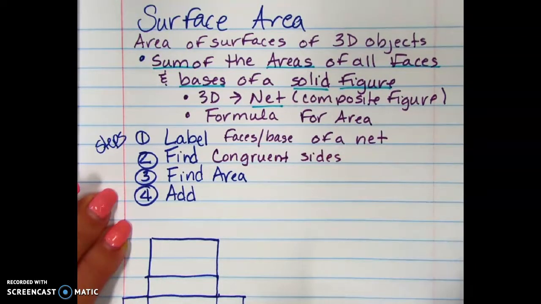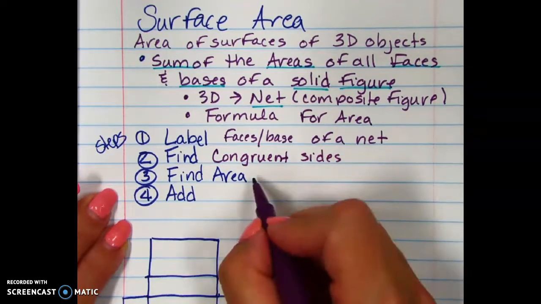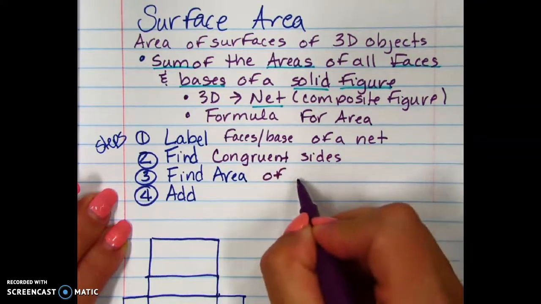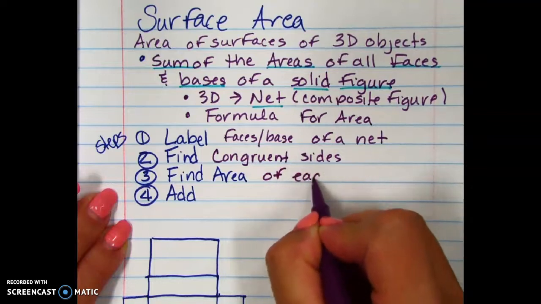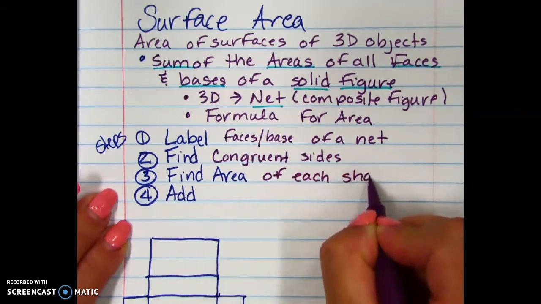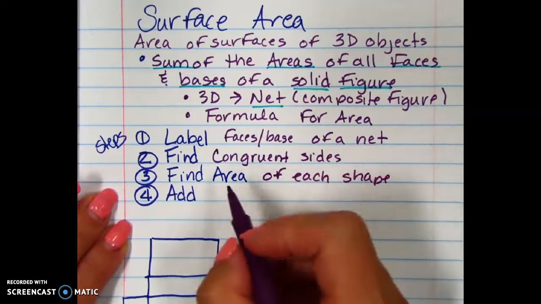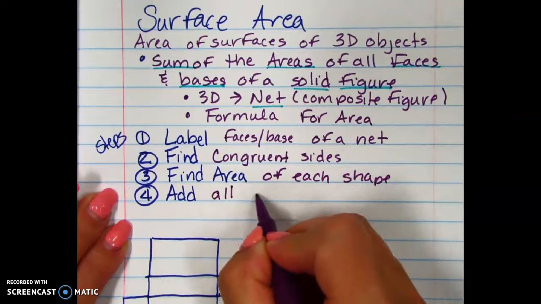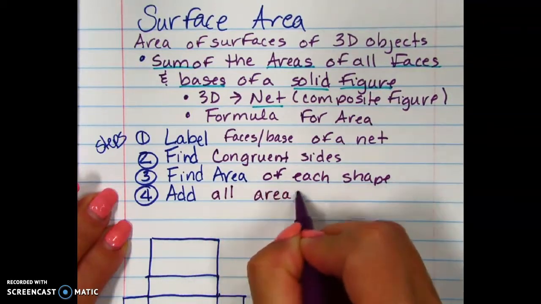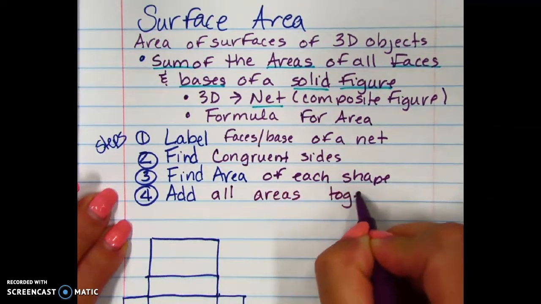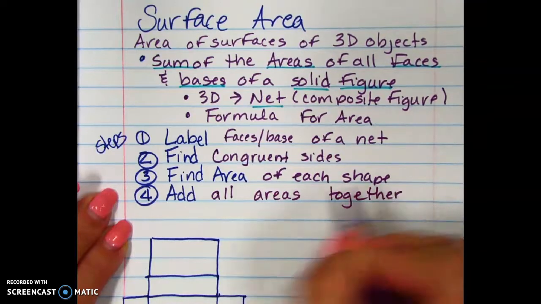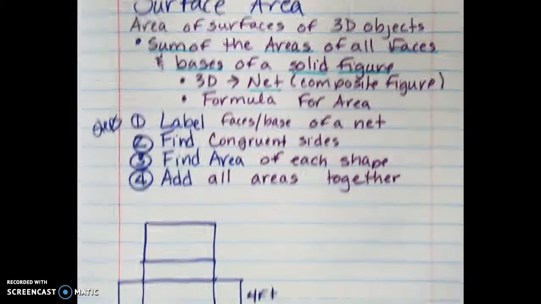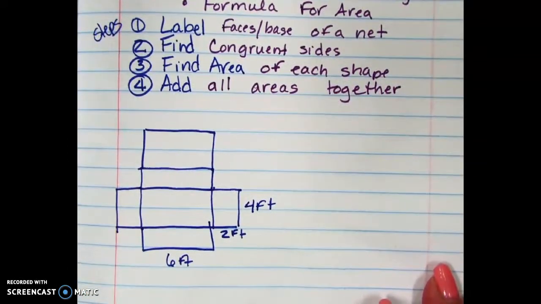Same size, same shape. Next, we're going to find the area of each shape. And then we're of course going to add all areas together. Add meaning the sum.